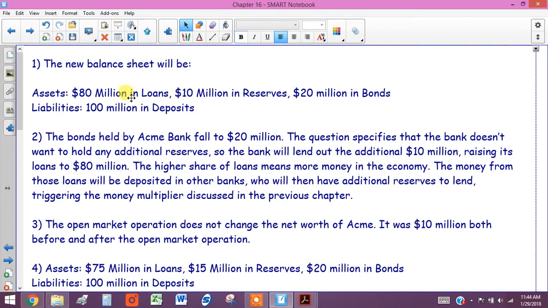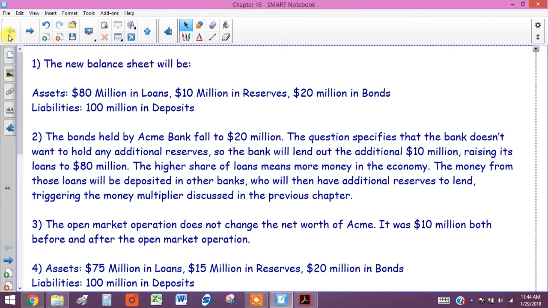And so its loans are going up to a total of $80 million, and this is going to flow into the overall economy and the money supply because of the money multiplier that we learned about in chapter 15. The money supply is going to increase.